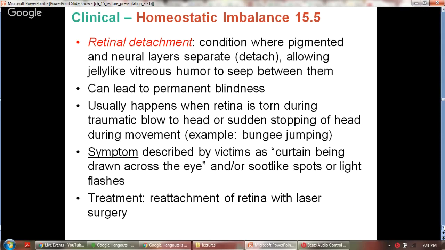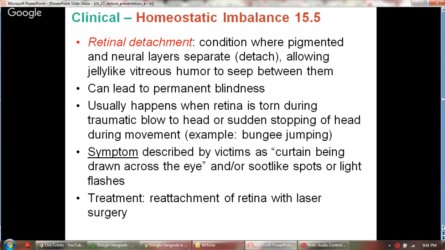Clinical importance: you might have heard the word retinal detachment, where the pigmented and neural layers separate, allowing jelly-like vitreous humor to seep between them, and it could lead to permanent blindness.